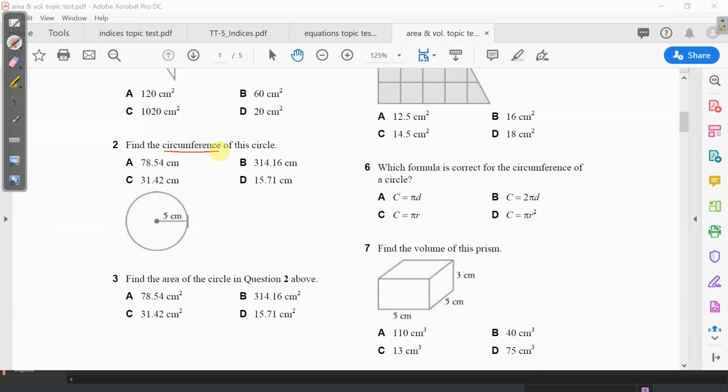Circumference is perimeter, so the circumference of a circle is around the outside, and there are a few formulas to remember. The first one is pi times the radius times 2, sometimes known as 2 pi r.